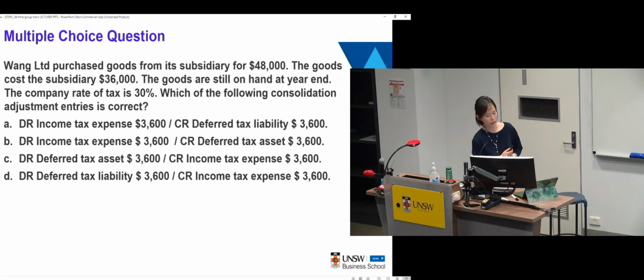So income tax expense would increase or decrease? Profit decrease, tax decrease, right? So A and B are definitely wrong because they show increase. Doesn't make sense, right? The profit decrease means tax should also decrease. So C or D?